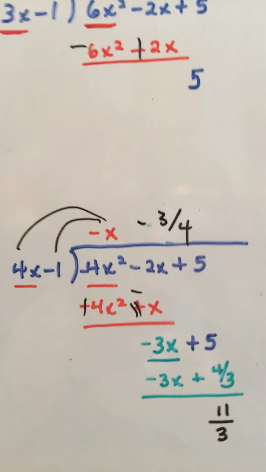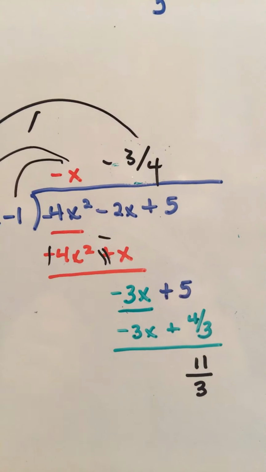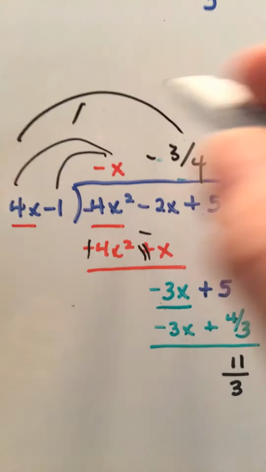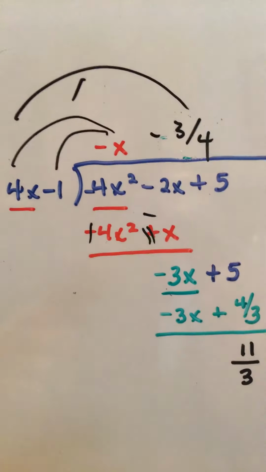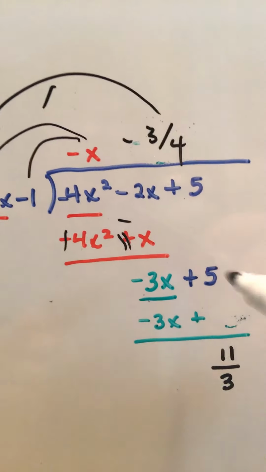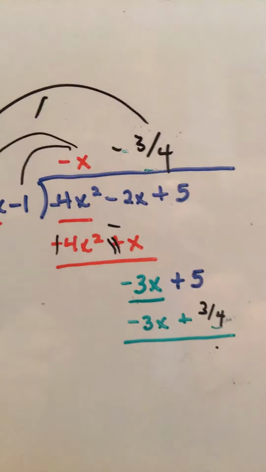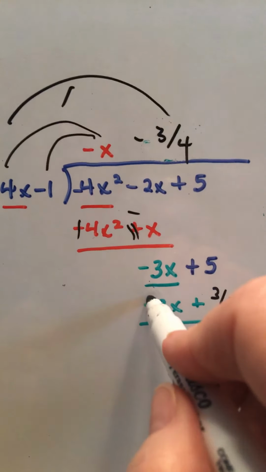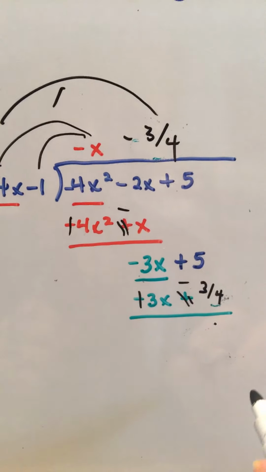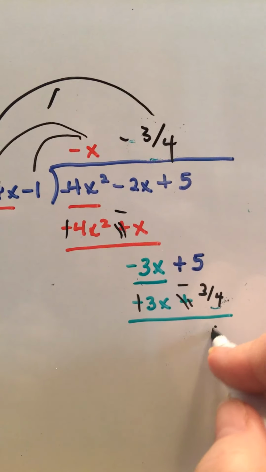And now when I multiply this times both of those, I get -3x. And then over here, when I multiply this, this is now going to be +3/4. And so then I'm ready to subtract. So I change my signs. And now this will be 20 minus 3 is 17 over 4.